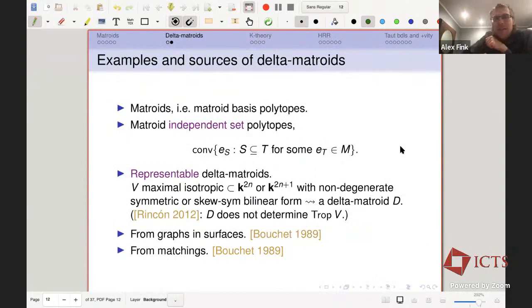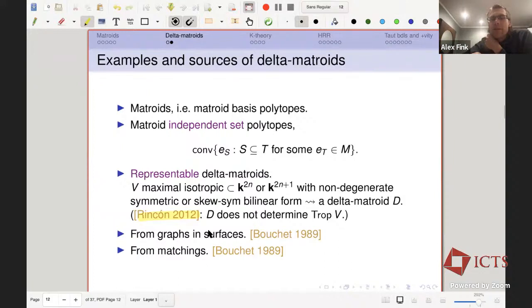It's difficult to give the tropical interpretation because, I guess, this paper of Felipe sought the tropical interpretation. You can tropicalize an isotropic subspace. That gives me more information than the delta matroid.